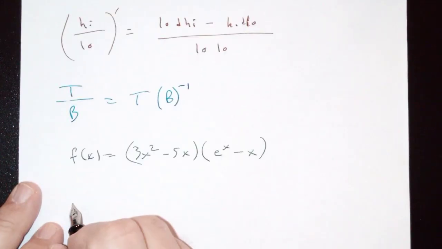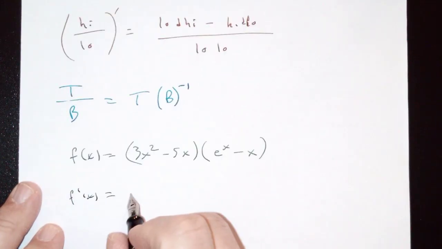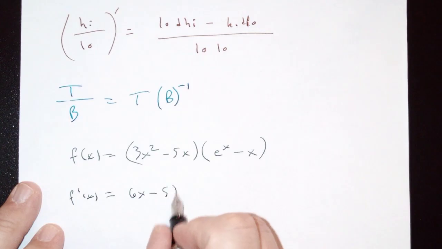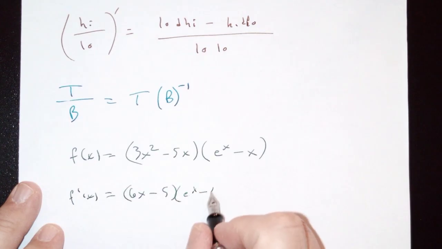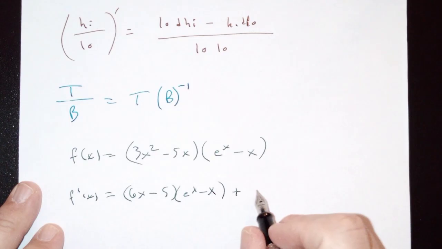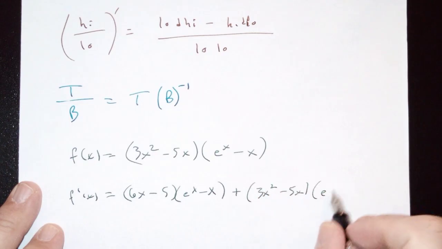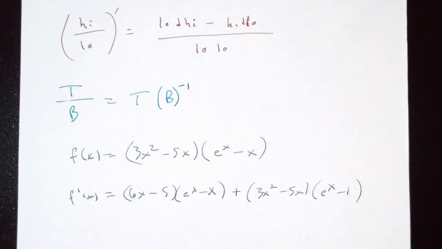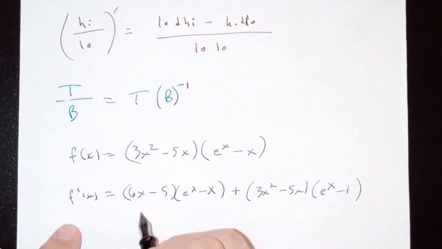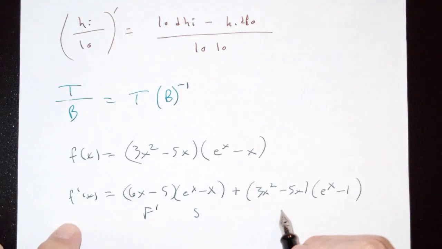But if all I want to know is, can you do the derivatives? Then you can stop right there. So that's the derivative of the first times the second. Leave the first alone, do the derivative of the second.